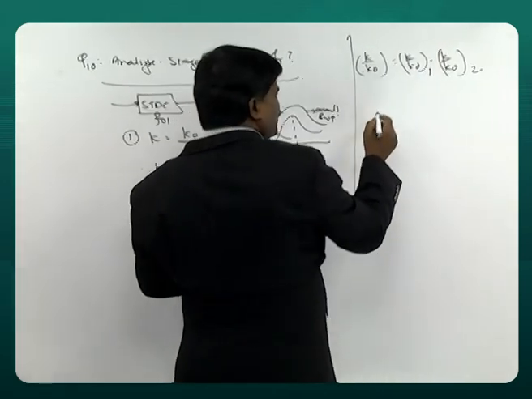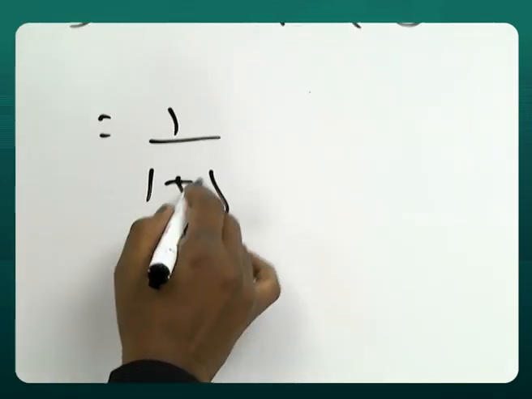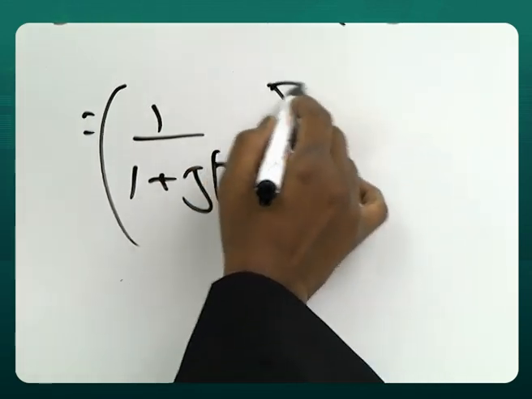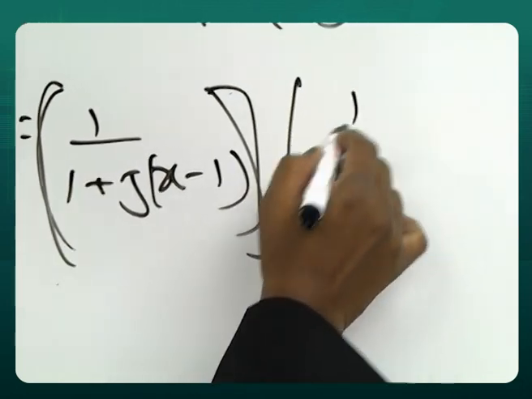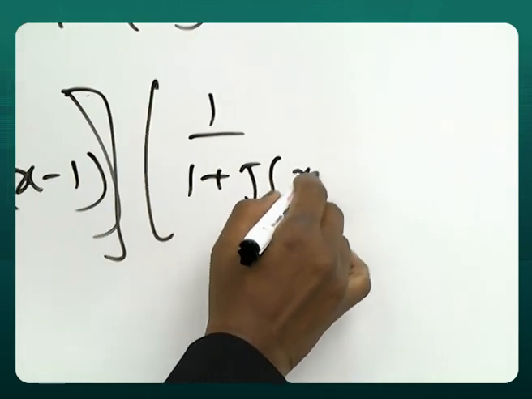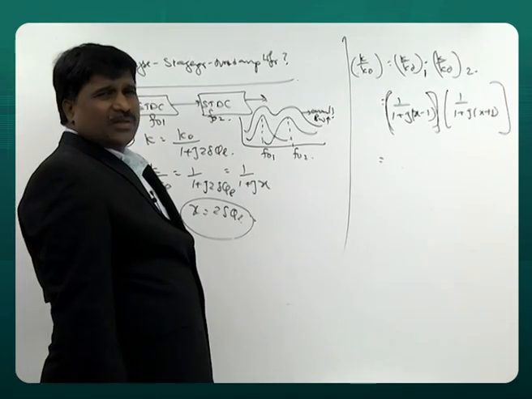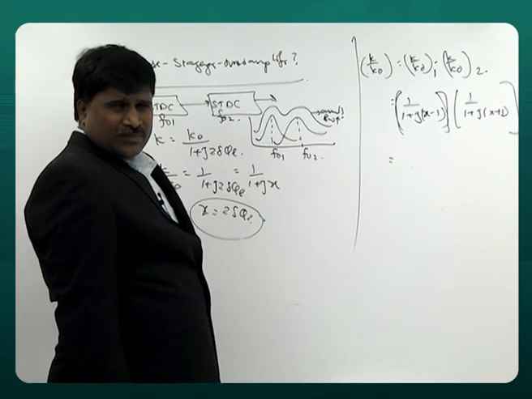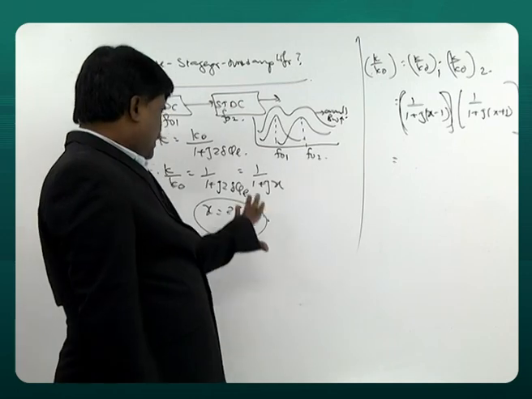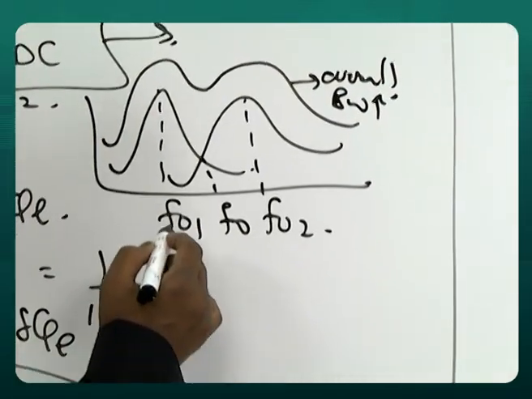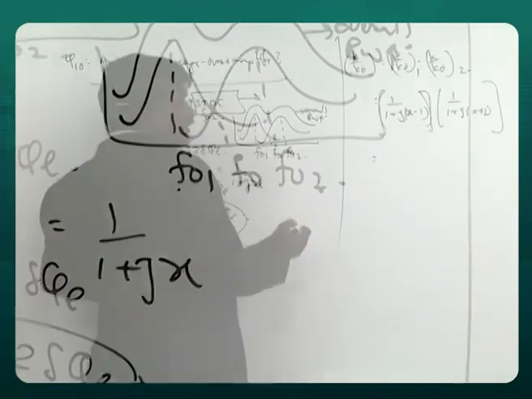So what will happen to this? 1 by 1 plus J x minus 1, 1 by 1 plus J x plus 1. Why? Minus means this side, because this is original F0. F01 is lesser, F02 is higher.